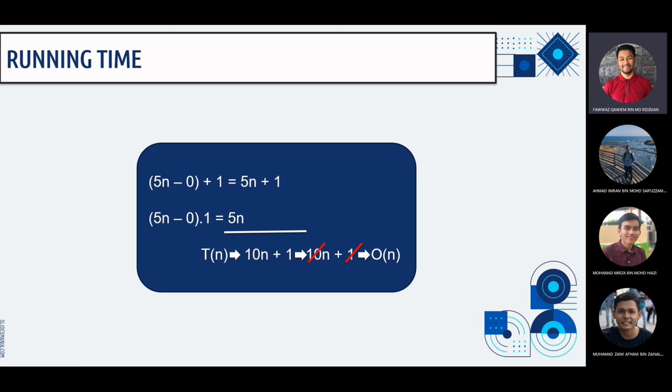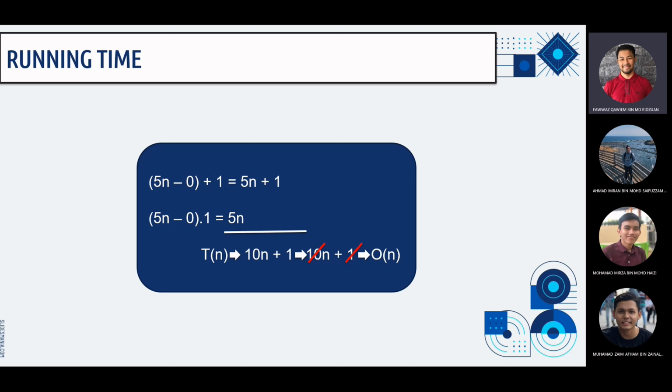So the second is 5n minus 0 times 1 equals 5n. So the total is 10n plus 1.